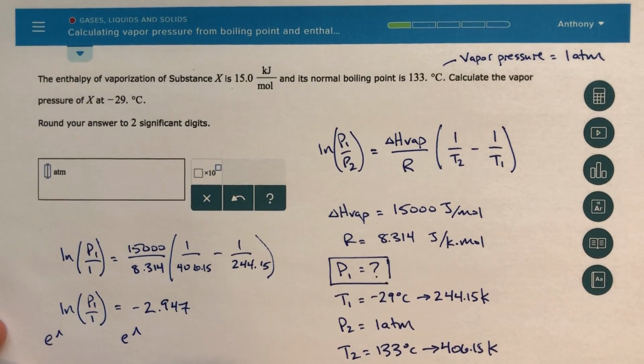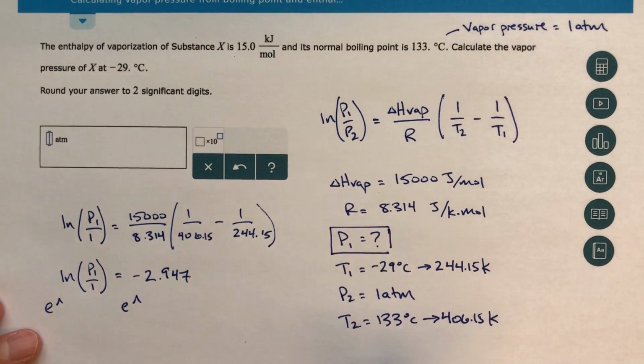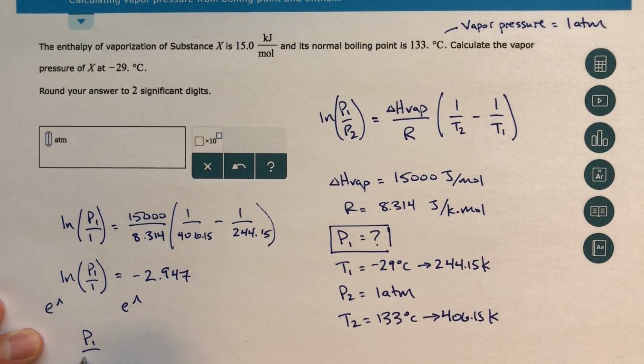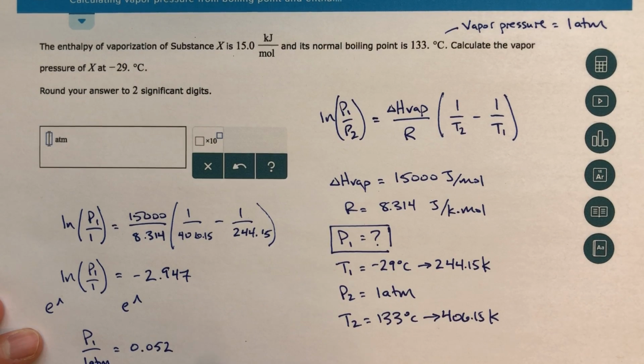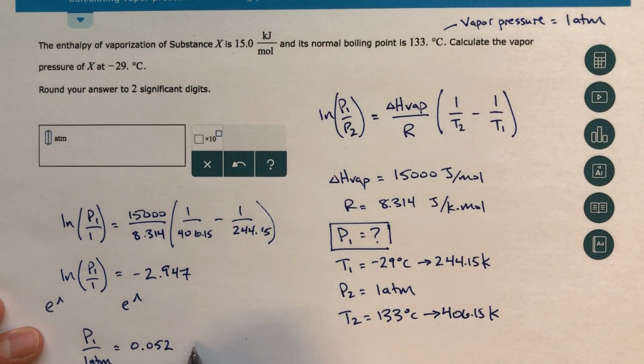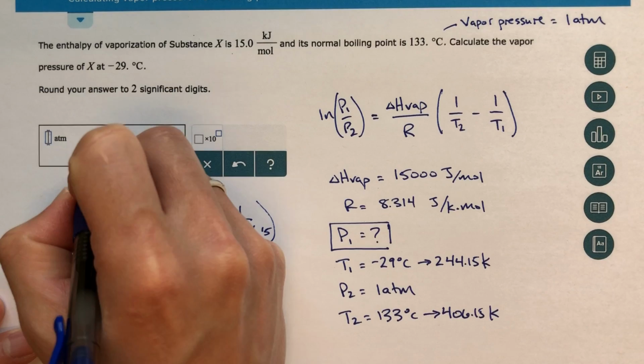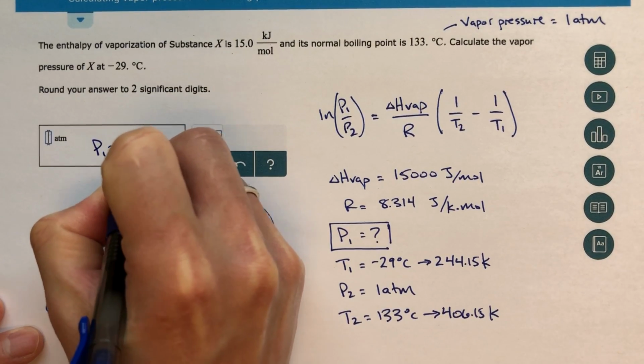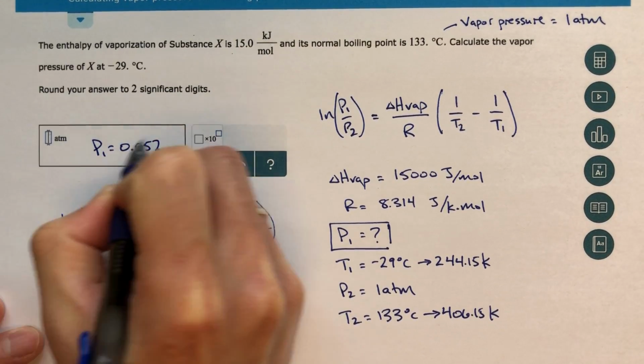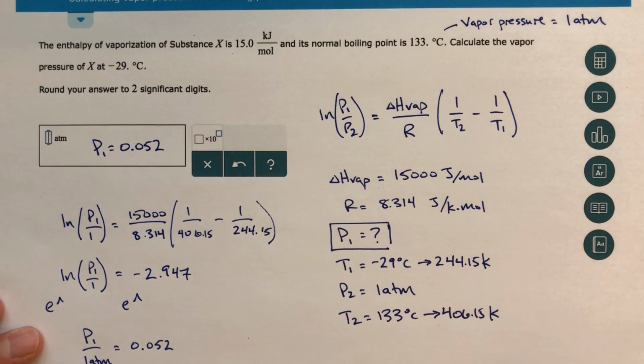So that gets rid of the natural log, and then we would end up with P1 over 1 atmosphere equals 0.052. But we could also just rewrite that as P1 equals 0.052 times 1 atmosphere. So our final answer here, P1 equals 0.052 atmospheres. That's what we're looking for.